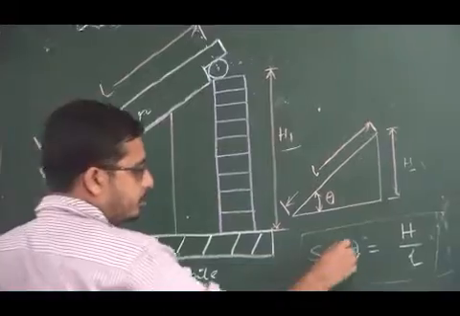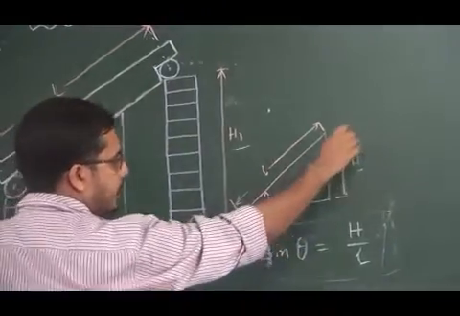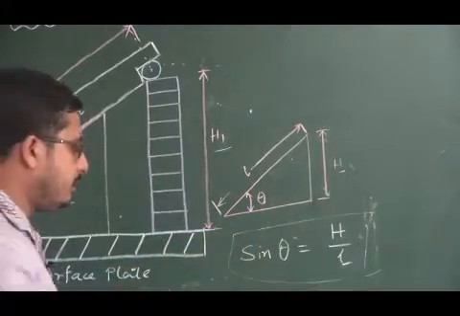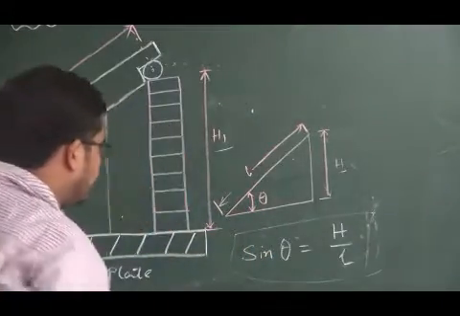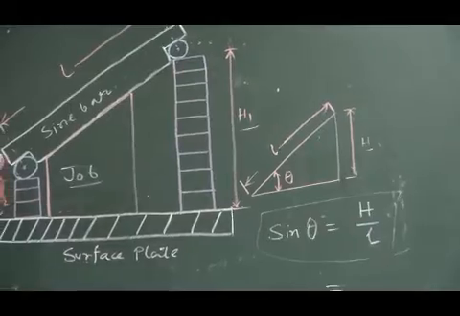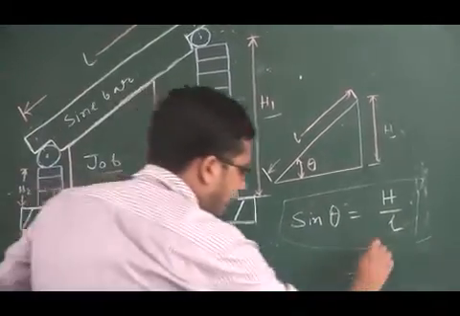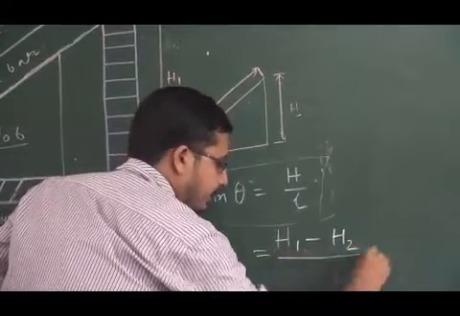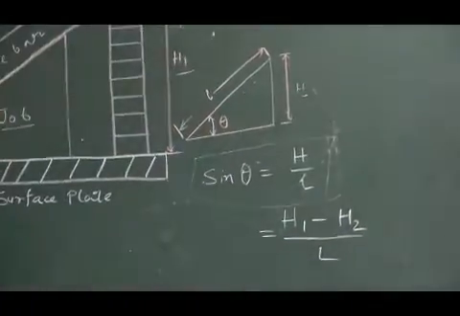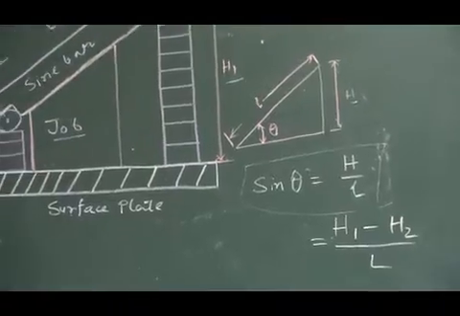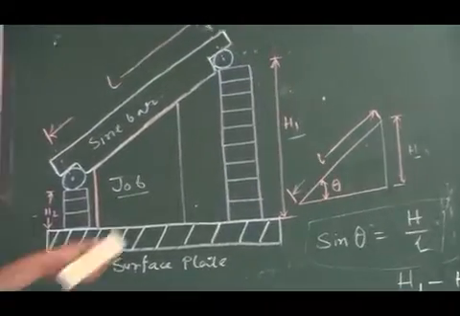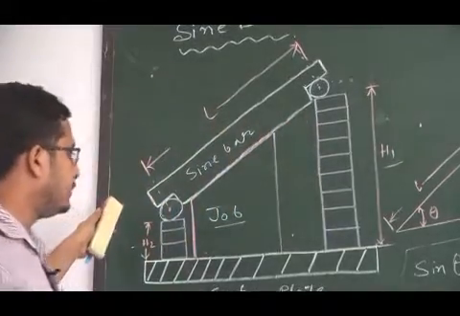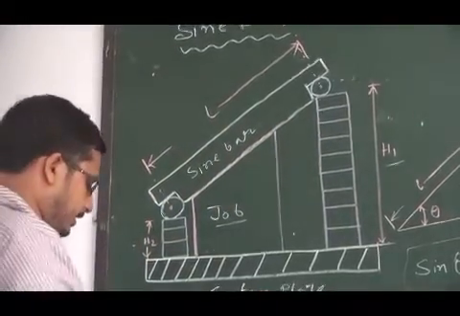Here we know that sin theta equals perpendicular divided by hypotenuse, that is h by L. According to this figure, h equals h1 minus h2, and L is always the length of the sine bar. h1 is the height of the slip length on that side, and h2 is the height of the slip length on the other side.